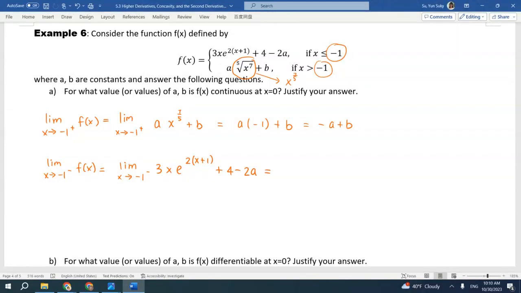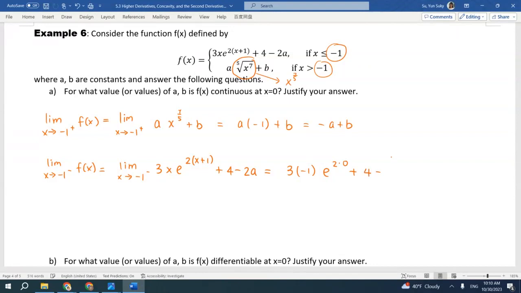We plug in x is -1. So we get 3 times x, x is -1. And then e to the 2 times x plus 1, do you see -1 plus 1 is 0? Yes, everybody?